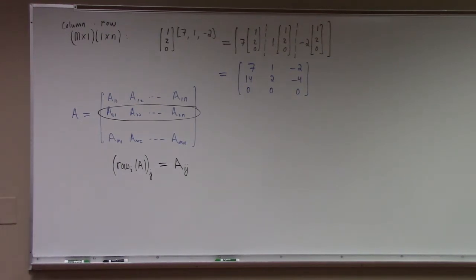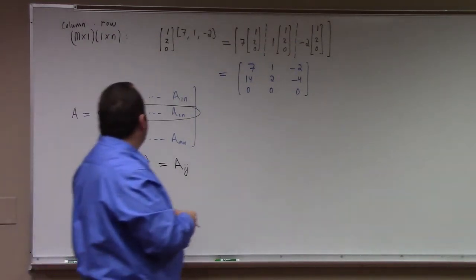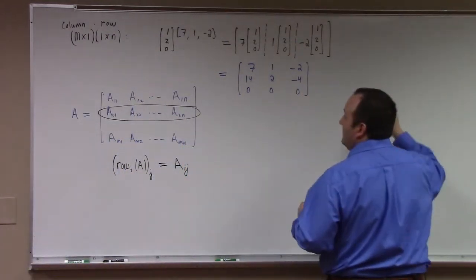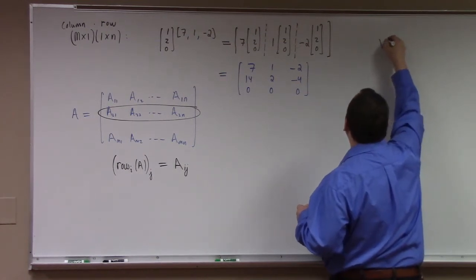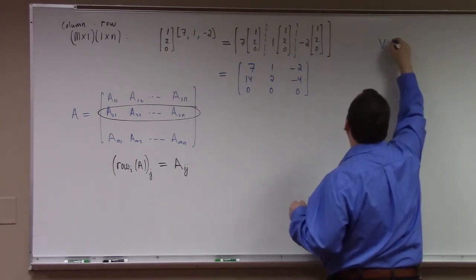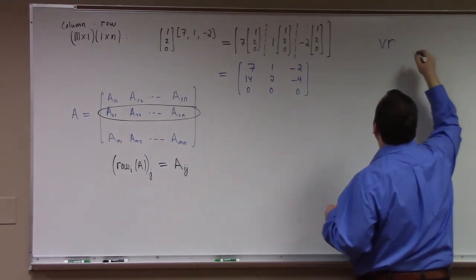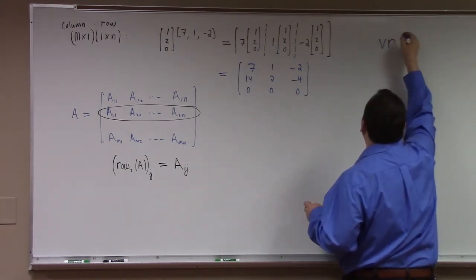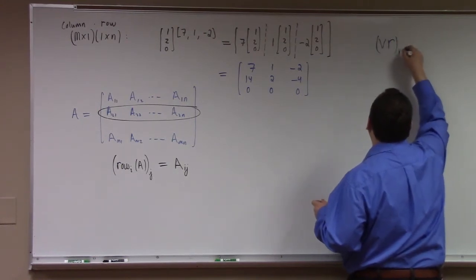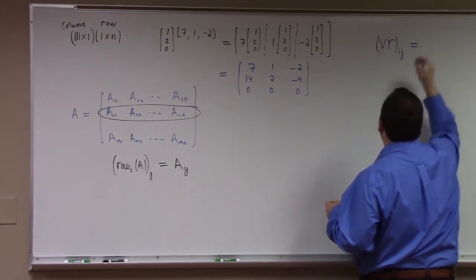All right, so what does the general summation notation formula look like here? It's kind of funny. We would be taking a column V times a row R in my current language, and asking what the ijth element of that is.